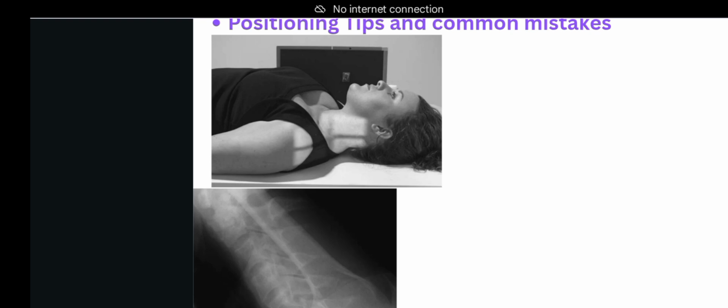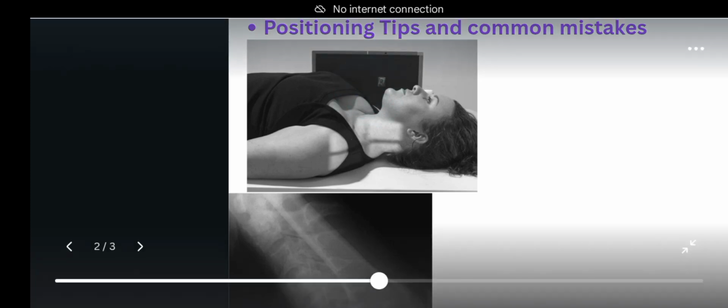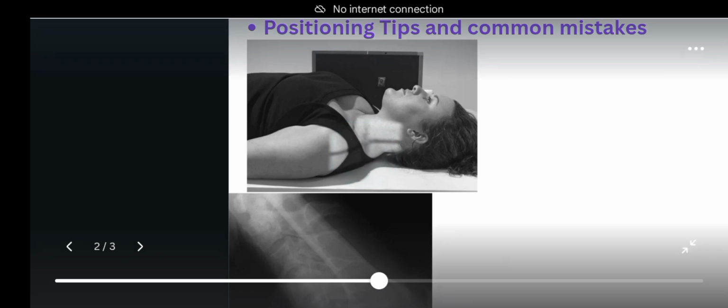The essence is to ensure vertical separation between the two shoulders. While this one is raised over the head, this one is depressed down, so that there is separation between the shoulders to be able to visualize the C7 and T1. The centering point is just above the shoulder, or 2.5 cm above the jugular notch.